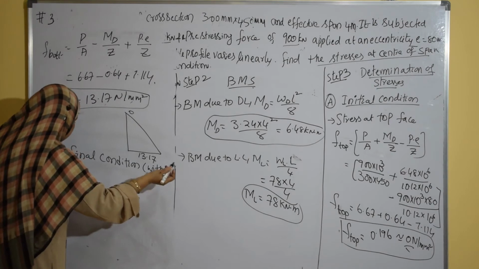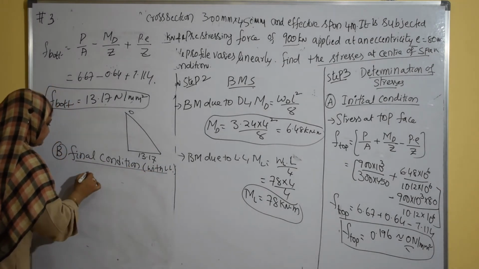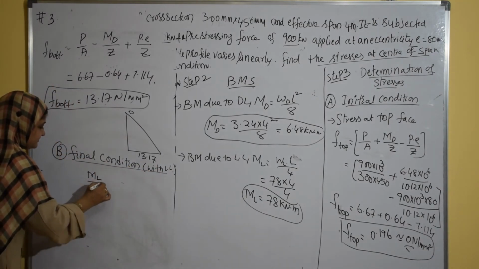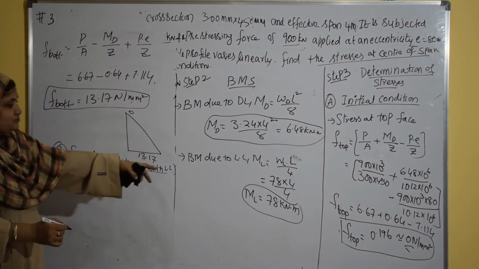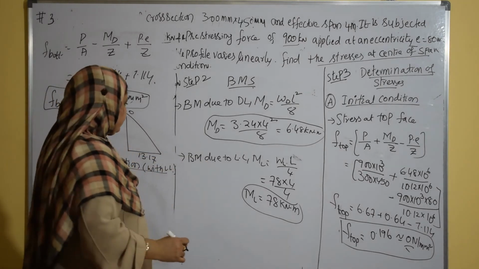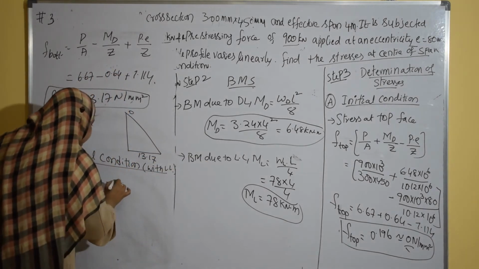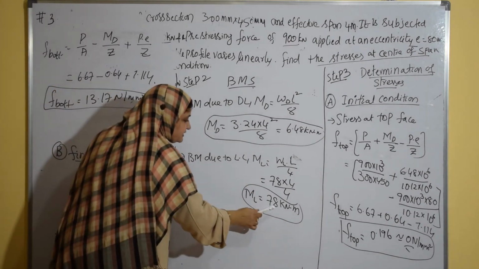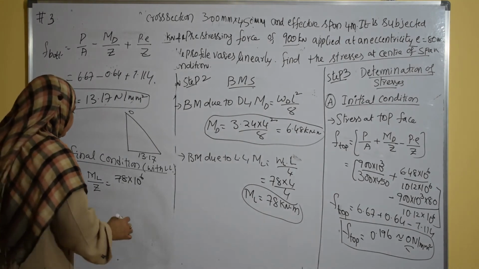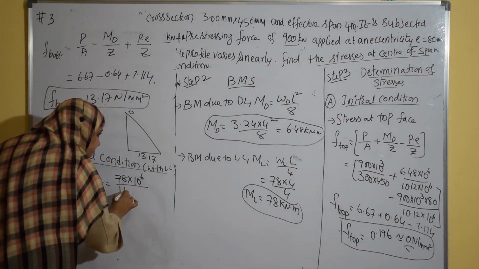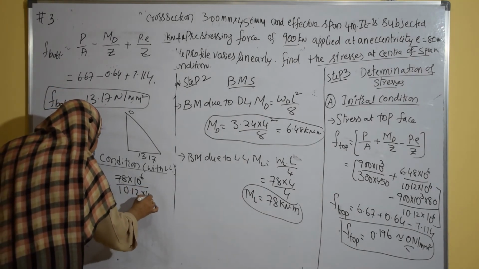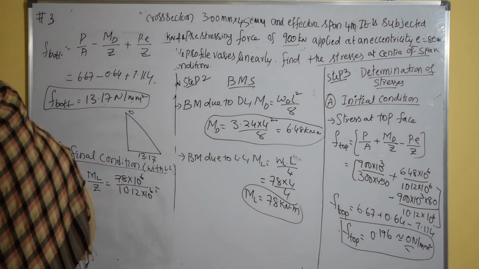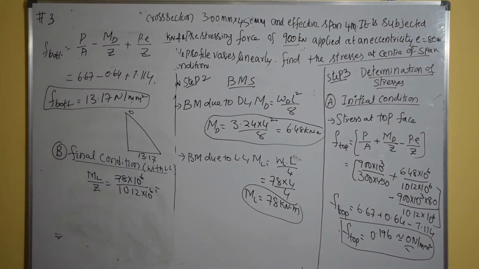So first, to make our problem easier, we will just find out ML by Z so that we can use the same values. ML by Z is 78 into 10 to the power of 6, bending moment due to live load is 78 into 10 to the power of 6, by 10.12 into 10 to the power of 6. I am just calculating this component so that I can use it.